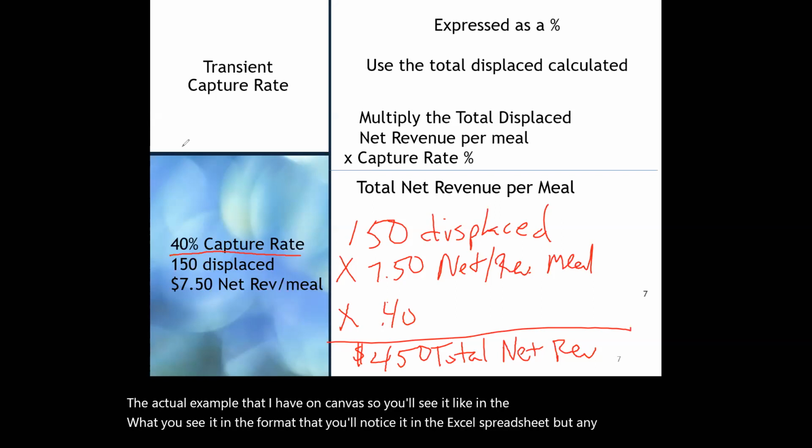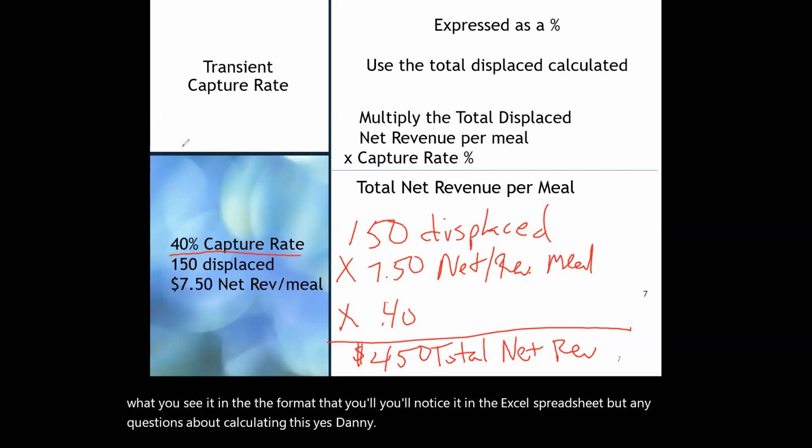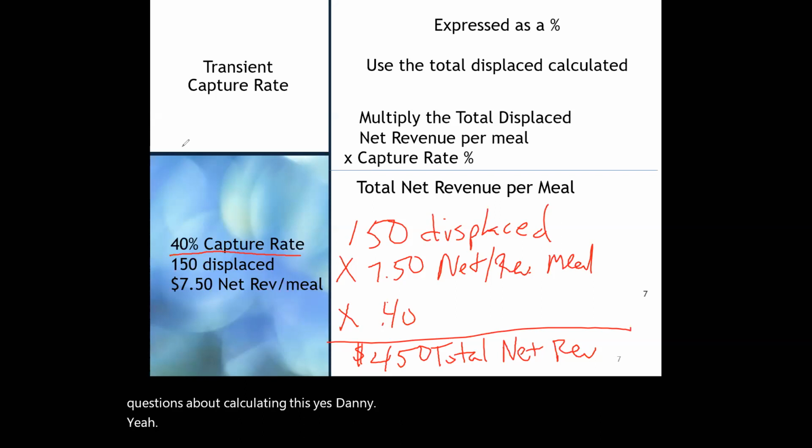Yes, Danny. The 150 displaced, are we predicting the revenue from the amount of people over the amount that we had come in? Because I know that when we were talking about displaced in the rooms, that was the oversold. Exactly. So it's the same number.